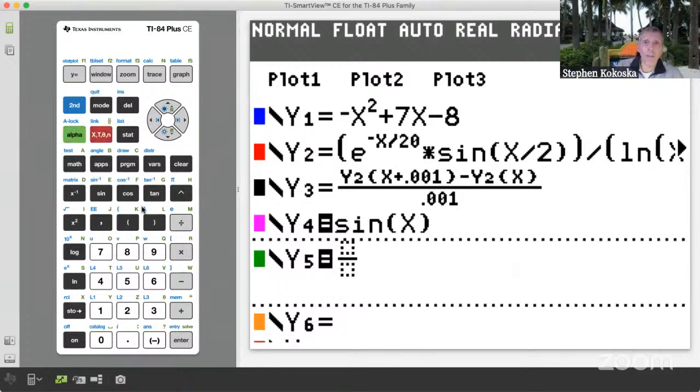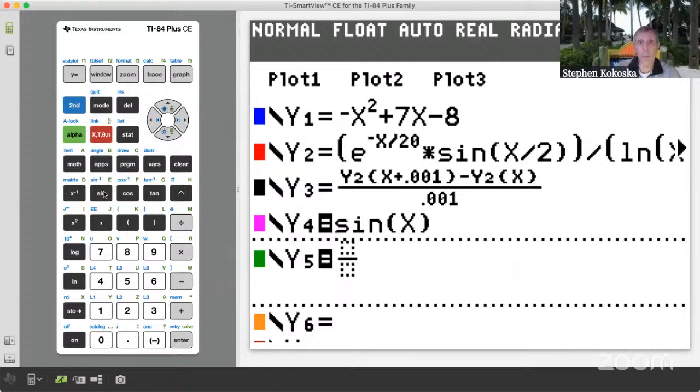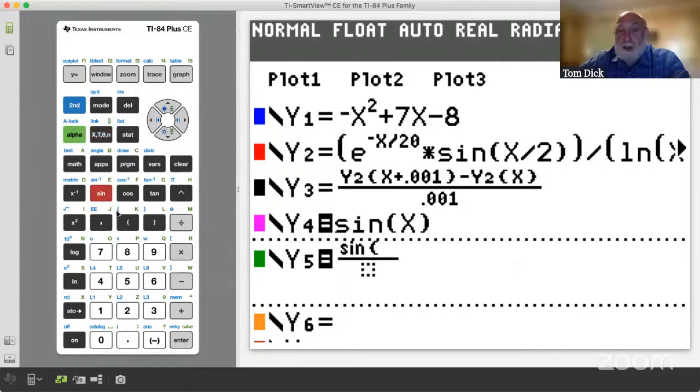So let's put in a fraction here, and let's do y4 of x plus. And you know what, Steve, for this function, I think I'll go ahead and put in the actual sine function, if that's okay. Sure, that would be good. All right, so we've got the sine of x plus like 0.001.